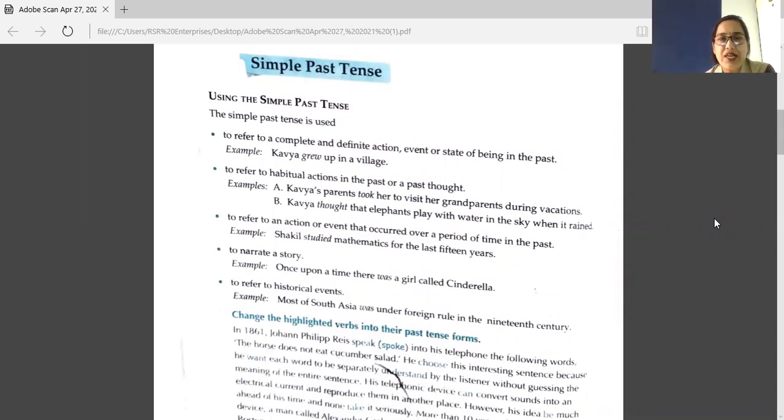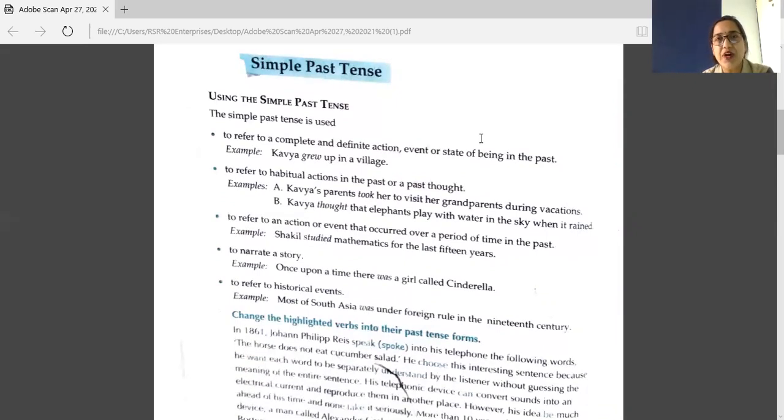Let's see what's the structure of verbs in simple past tense. In simple past tense, we use second form of verb. For example, if I take sing, three forms of sing are sing, sang, sung.